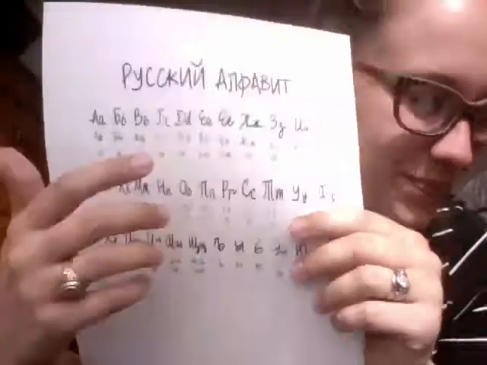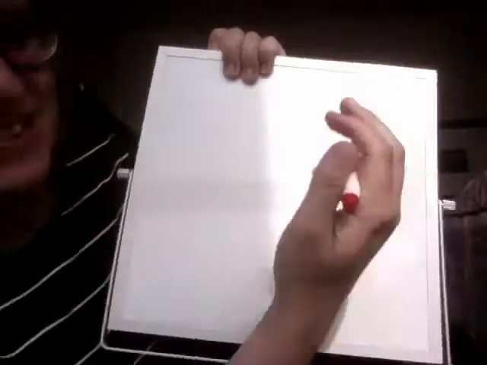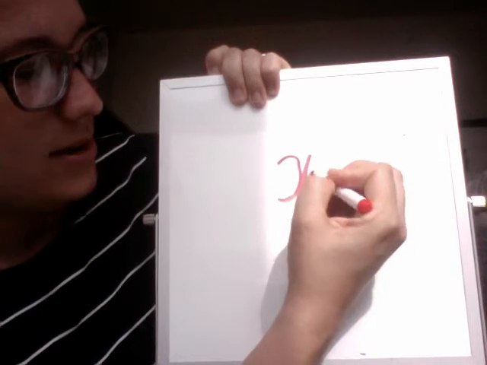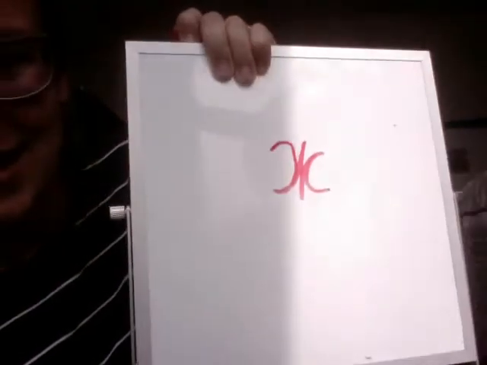Let me see if I can write it in front of you. It's going to be hard. Okay, to write it, you make a curvy line, come up in the middle, make a little C. Zh. That's a ZH sound.